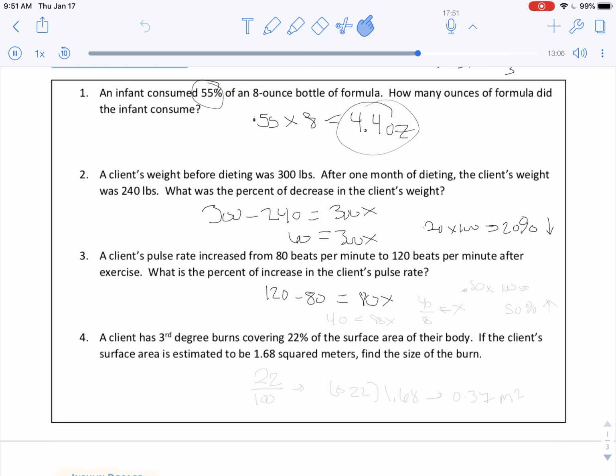So what we want to do now is subtract 80 from 120 to get us 40, and then set that equal to 80x, divide by 80 on both sides to get us 40 over 80 equaling x.